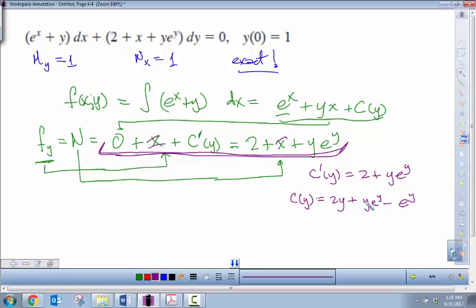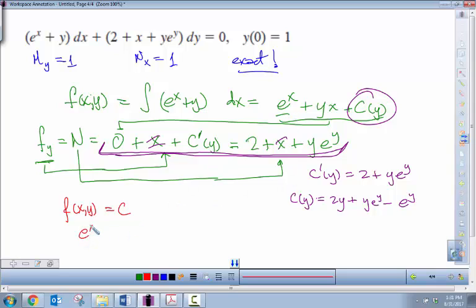Thanks, Susanna. All right, we have our c of y function that can go in this place where our potential function was sitting. So our solution, f of x y. Actually, let me write this down because this is the form. When you actually write your function, let's write down the whole thing, set it equal to c.